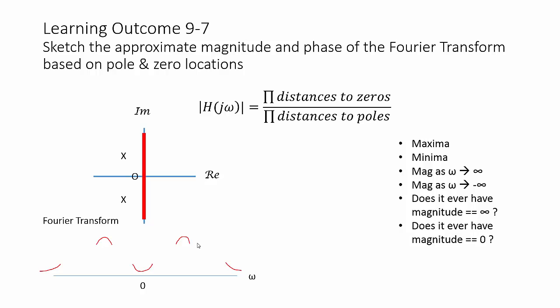The last question to ask yourself is, does it ever have a magnitude exactly 0? Not just a minimum, but a minimum that has a value of 0. This would be the case if our distance to our zeros, our numerator, were to be 0. And that would be if our zero were on the imaginary axes. In this example, our zero is not on the imaginary axes.